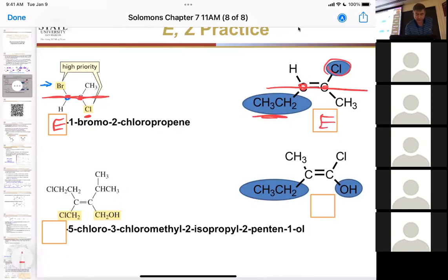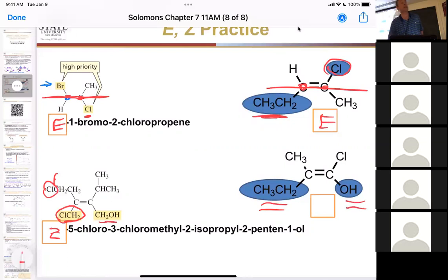Let's see, we had to do our prioritization with the chloro here. There's a chlorine way out here, but we had a carbon attached, so this makes our highest priority. The oxygen makes this higher priority. So that gives us our opposite side, which is our Z. I'm sorry, they're on the same side. Same side, Z. And just like here, our two higher priority groups. Wait, that's wrong.